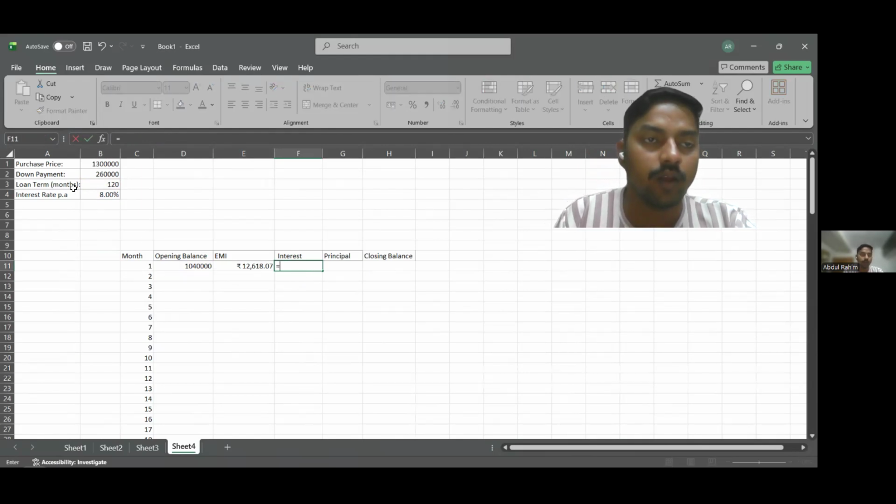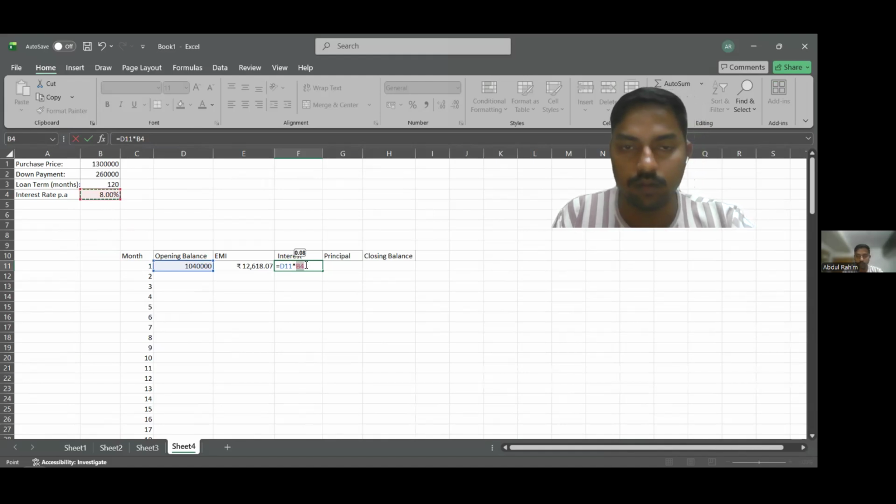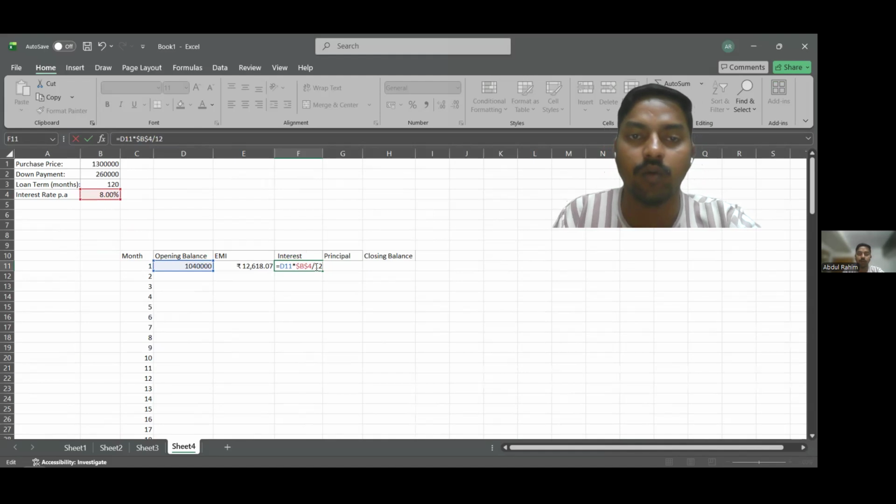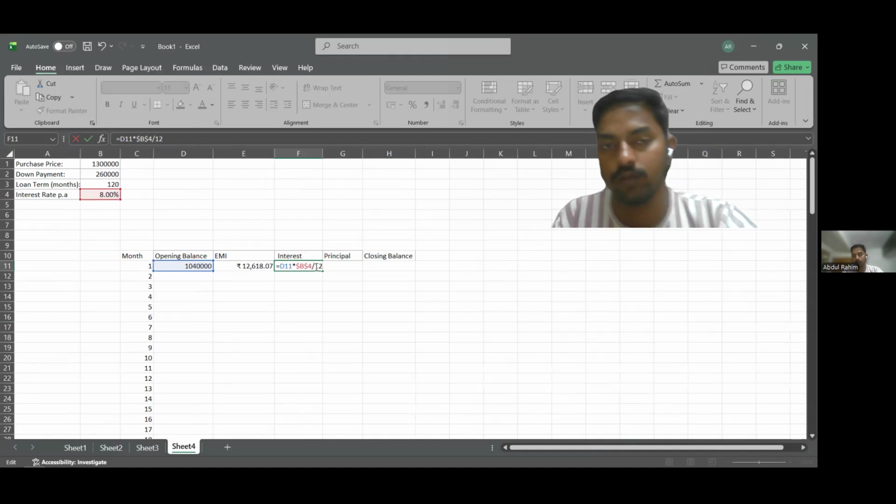That's it. Now we are going to calculate interest. So annual interest rate is 8% on how much amount? The loan amount. So this into this, and we are going to put the dollar sign so we can freeze the interest rate, because the interest rate is not going to change but the loan amount is going to change every month.